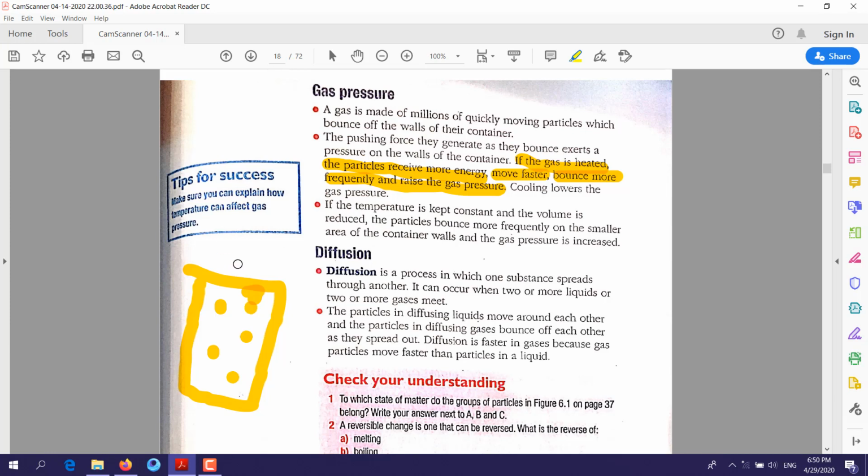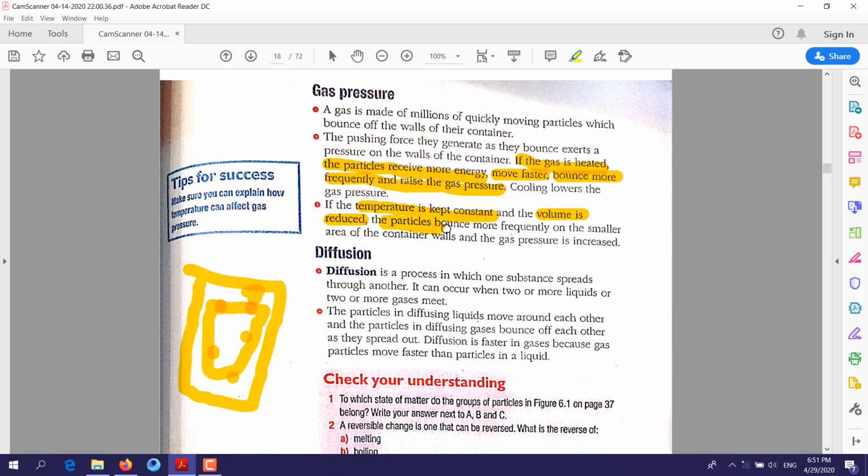Now, second factor. If we keep the temperature constant, we will not change it, but we will change the volume. We will reduce the volume. If the volume is reduced, let's say this container now is smaller, what will happen?